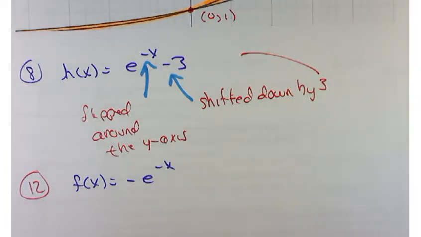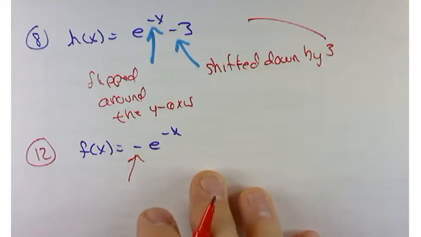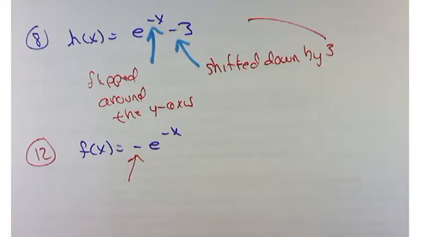See if you can figure out what's going on with this one. So what's going on with this one? What's the negative out front do? Yeah, this one flips it around the x-axis.